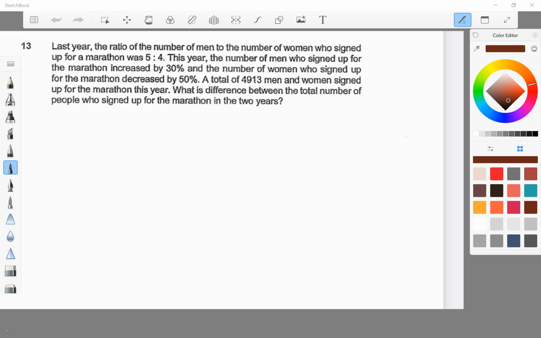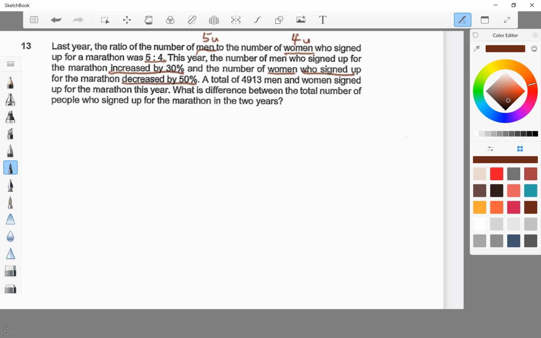Last year, the ratio of the number of men to the number of women who signed up for a marathon was 5:4. So I'll indicate this as 5U and 4U, 5 units for men, 4 units for women. This year, the number of men who signed up increased by 30%, whereas the women who signed up actually decreased by 50%.